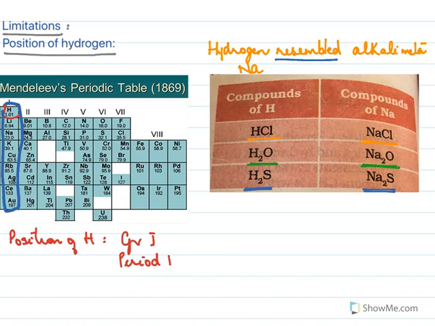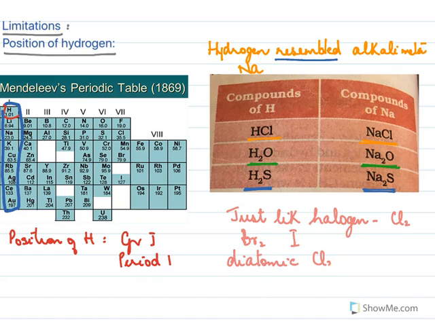But hydrogen also showed properties of halogens. Now, who are the halogens? Halogens are chlorine, bromine, iodine. These are halogens. Just like halogens, hydrogen exists in diatomic form. Diatomic means like Cl2, Br2, and hydrogen also exists in diatomic form, that is H2.